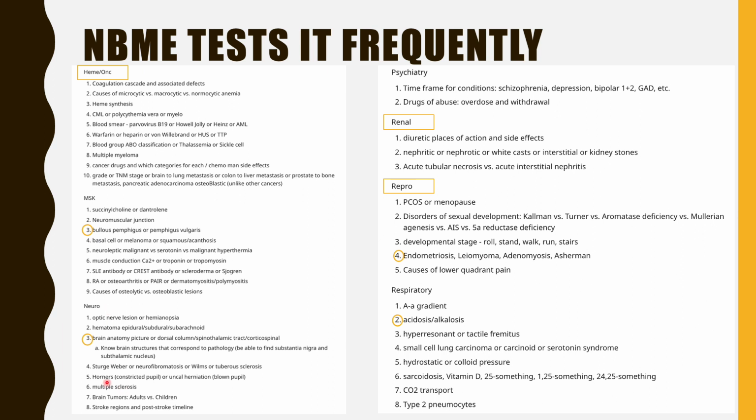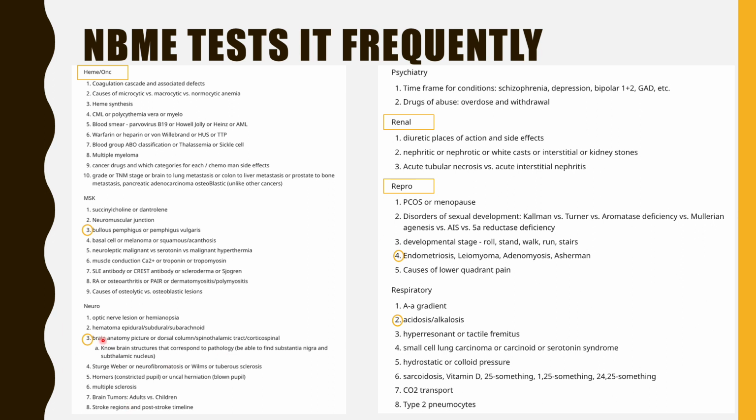And for neuro, okay, the strokes are very high yield. Which side? Particularly brain stem stuff. So they will always show you as well a brain anatomy picture. Well, for example, a spinal cord section and a case of someone who got, for example, a stroke, and then they will want you to point at which side and which tract in the spinal cord section or in a brain section, okay?